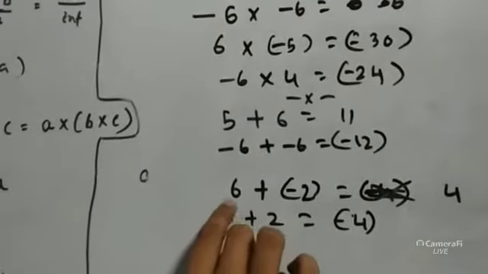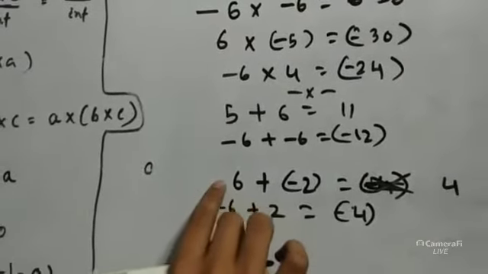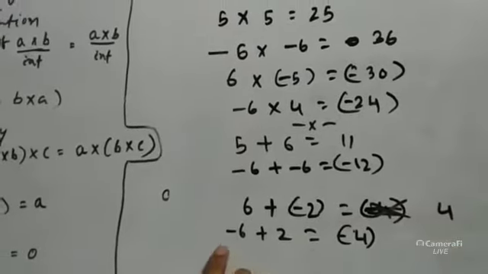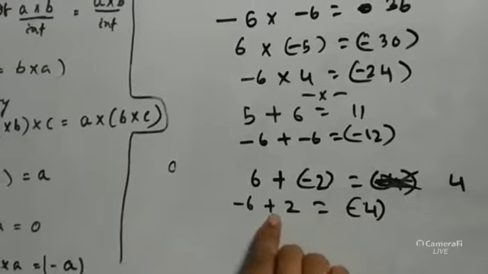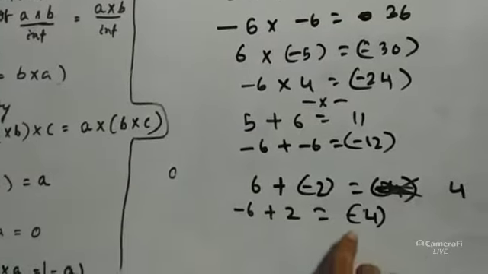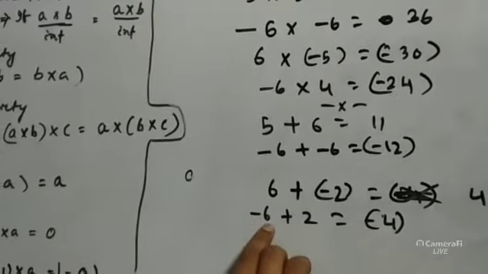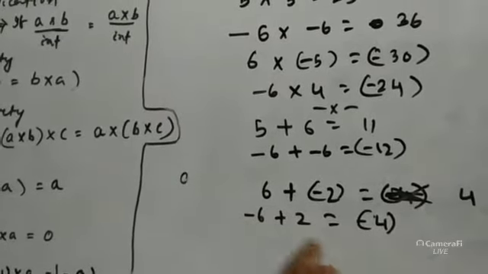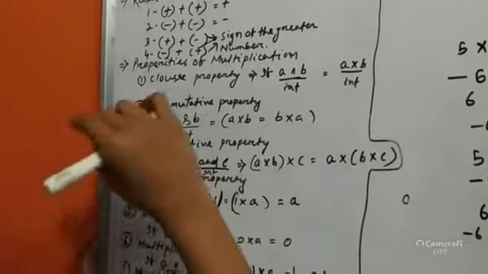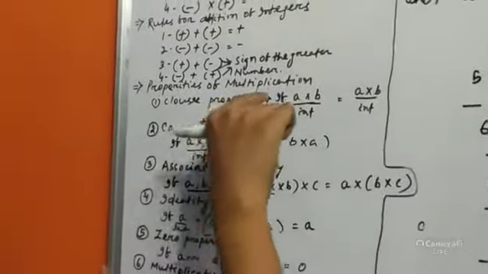Which is the greater number? 6. What is the sign of the greater number? Positive. So we will write 4 only. Now -6 plus 2: first 6 minus 2, which is the greater number? 6, and its sign is negative. That's why -4.